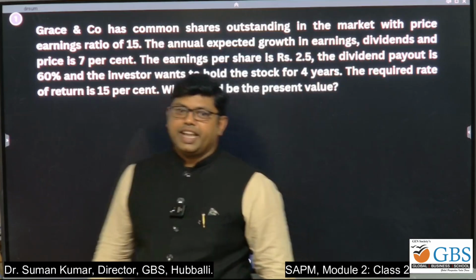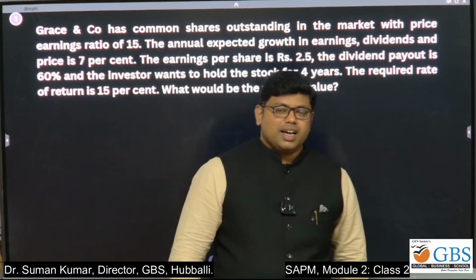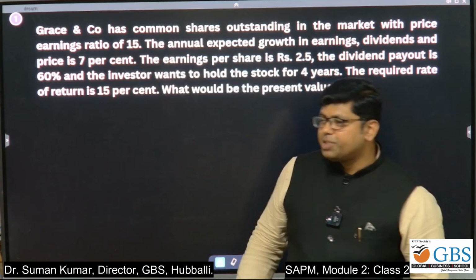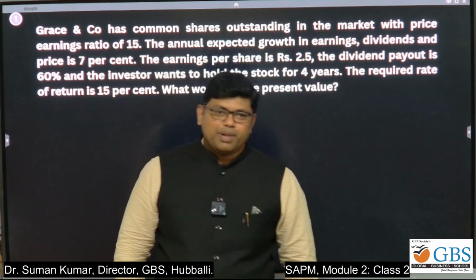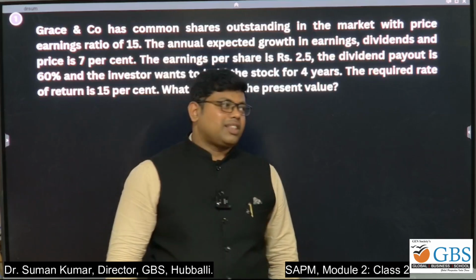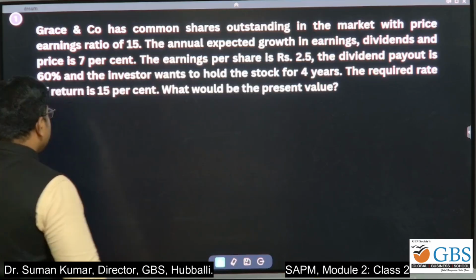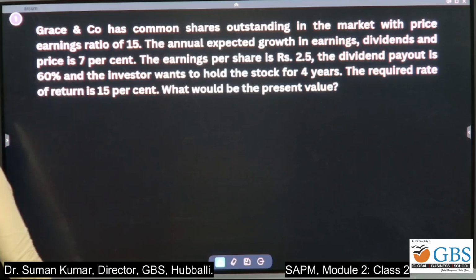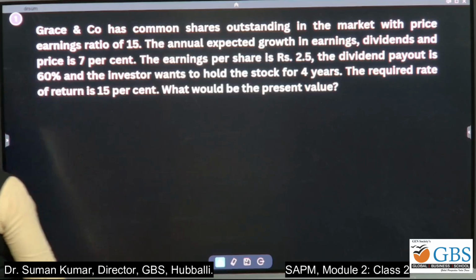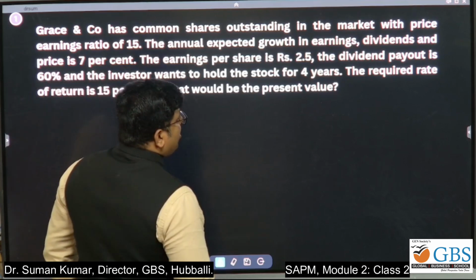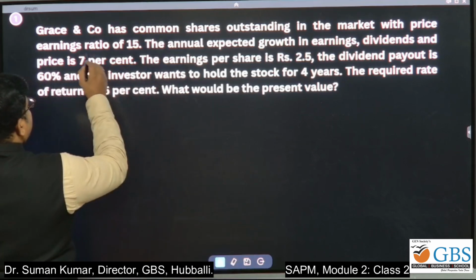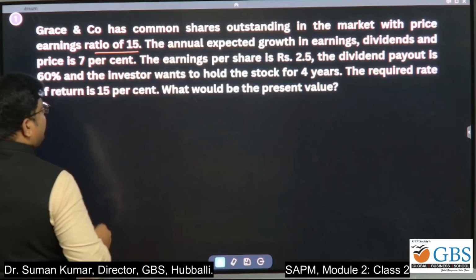Yes, let us take one more problem similar to the previous problem, which belongs to model second, that is the multiple growth model. First let me read out the question, then solve the problem. Grace and company has common shares outstanding in the market with a price earning ratio of 15.